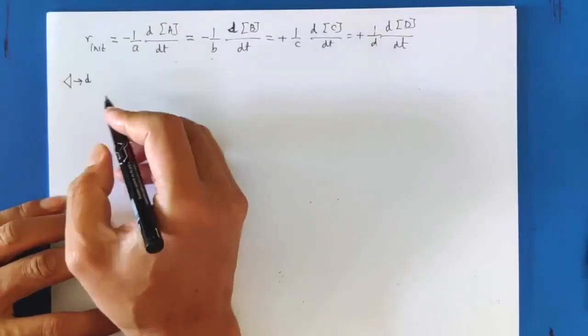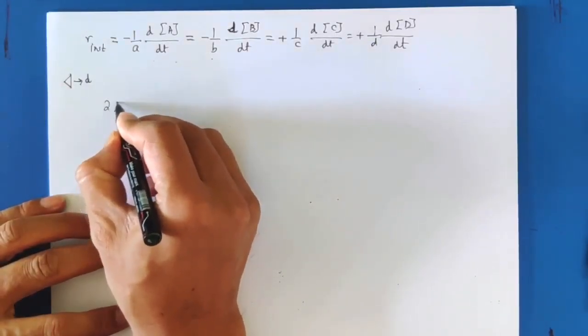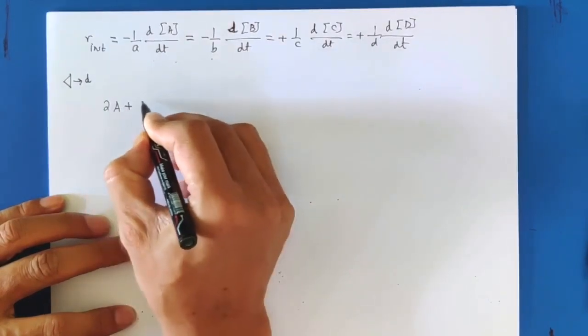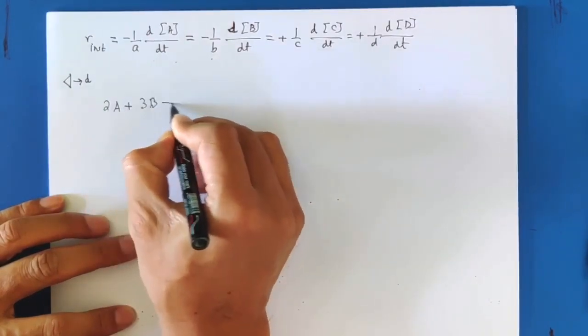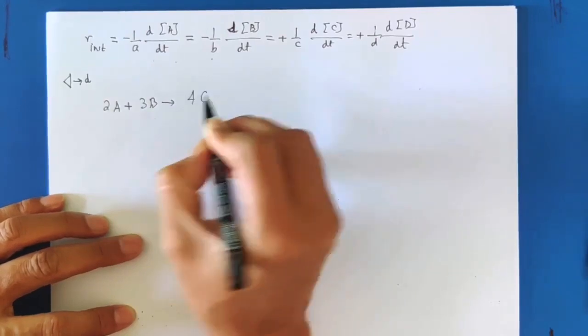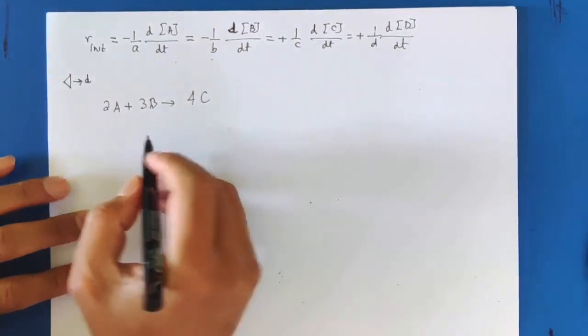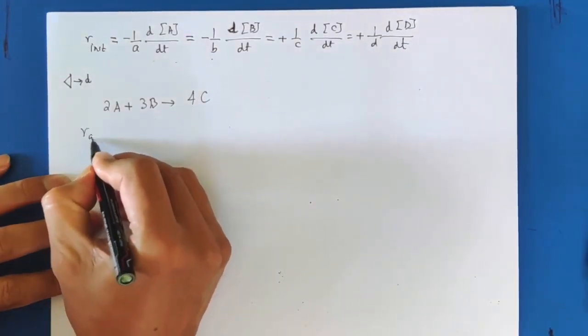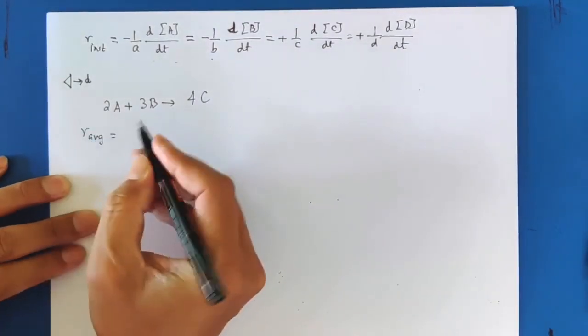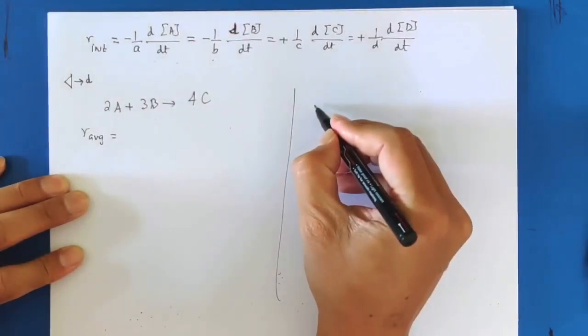Example: 2A combined with 3B giving 4C, reactants and product. Calculate the average rate of reactions, R average, and the instantaneous rate of reactions.